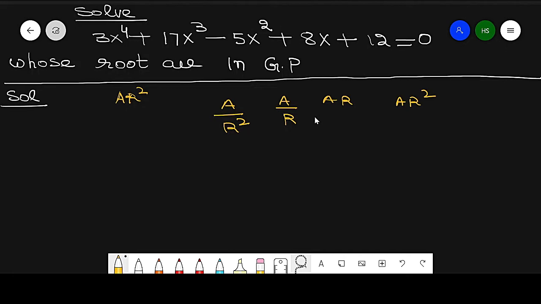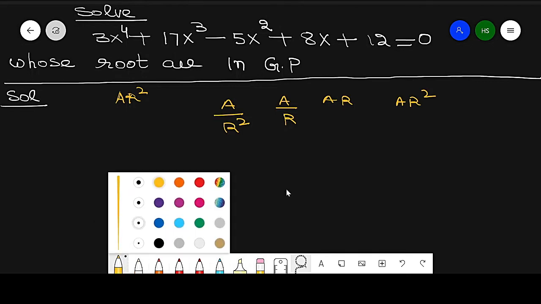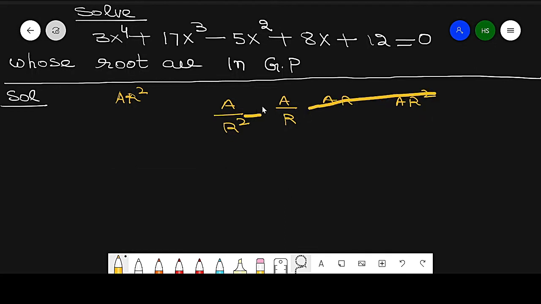Now taking the product of these roots, in case it is a GP series, the product is equal to unity.